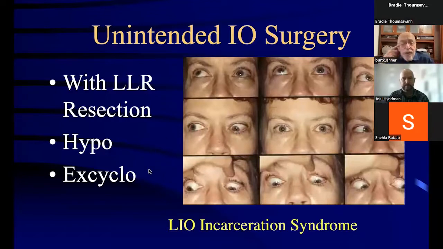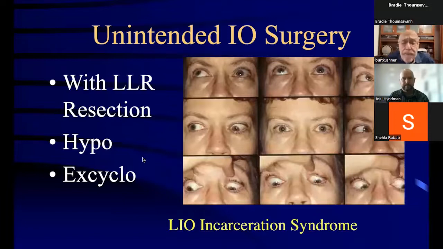And this is what I have labeled the inferior oblique incarceration syndrome: the inferior oblique is loosely adherent to the lateral rectus via some tenuous attachments, but when you're pulling the lateral rectus forward, if you don't adequately sever those, as in a resection, you can drag the inferior oblique forward with it, and it'll scar into the lateral rectus.